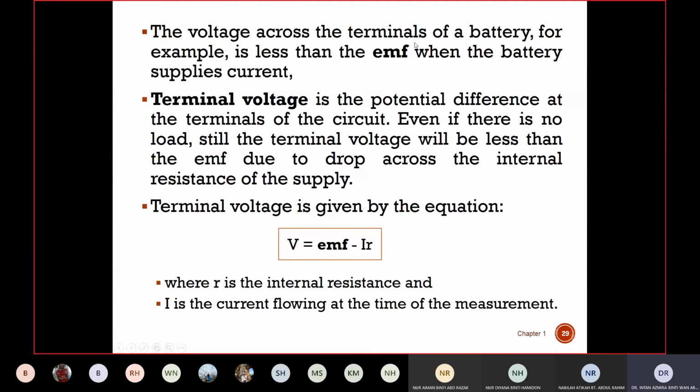The voltage across the terminals of a battery, for example, is less than the EMF when the battery supplies current. Terminal voltage is the potential difference at the terminals of the circuit. Even if there is no load, the terminal voltage will be less than the EMF. V, the terminal voltage, is equal to EMF minus Ir, where I is the current flowing through the circuit and r is the internal resistance of the battery.